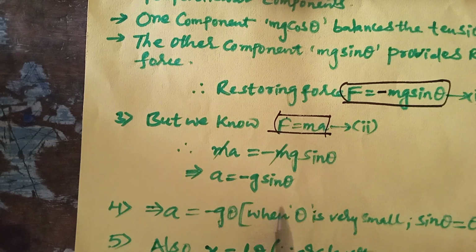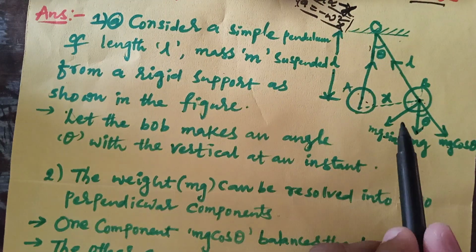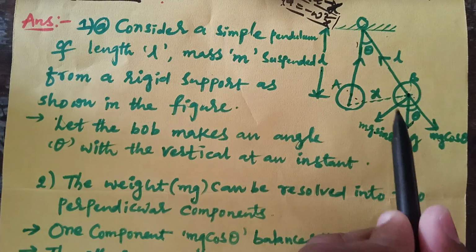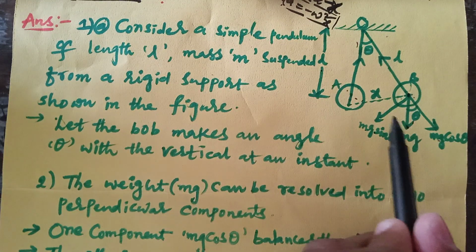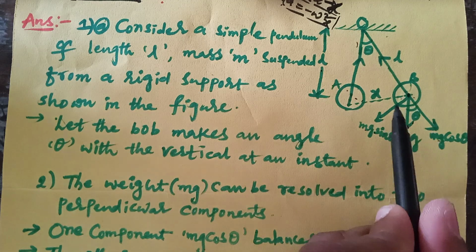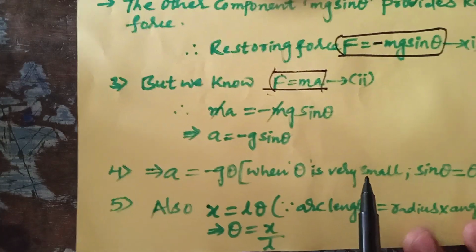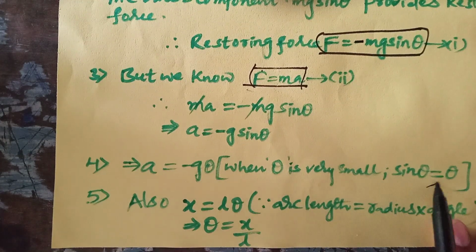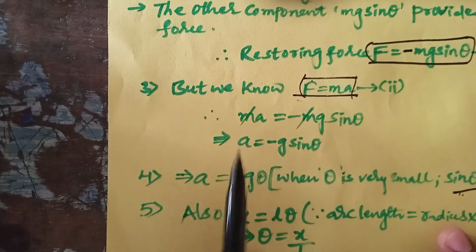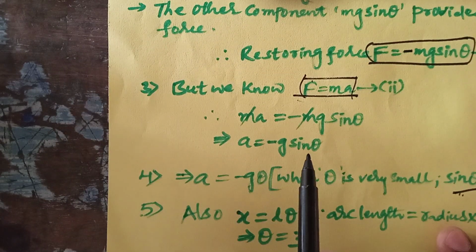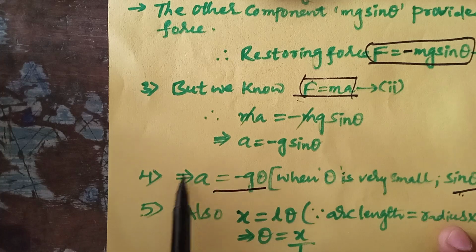But here theta is very small, see in this diagram, the angle between these two is very small. So sin theta is taken as theta. Then a is equal to minus g theta.